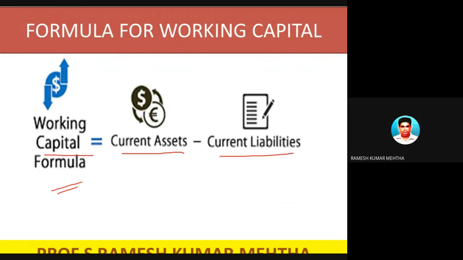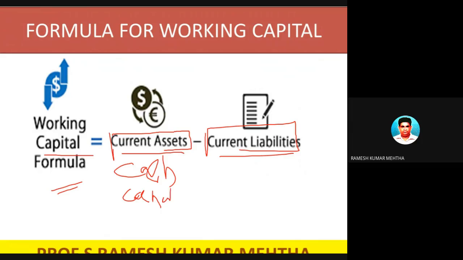That is the total of current assets on the asset side of the balance sheet and the total of current liabilities on the liability side of the balance sheet. Current assets include cash in hand, cash at bank, inventory, which can be of raw material, work in progress, and finished goods, debtors, bills receivable, prepaid expenses, marketable securities, and short-term investments.